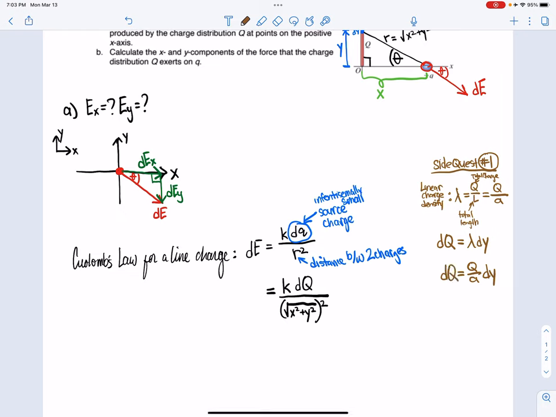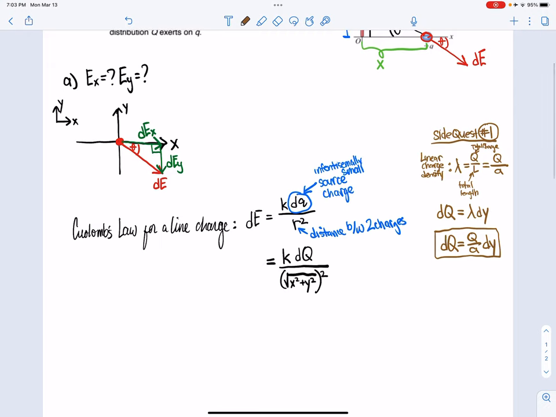All right, and we're going to use this. Also, we're going to substitute r, which we already did, as the square root of x squared plus y squared. We already explained why that was, so that's fine. So now let's go ahead and do that.